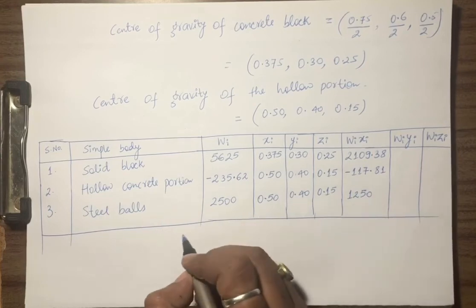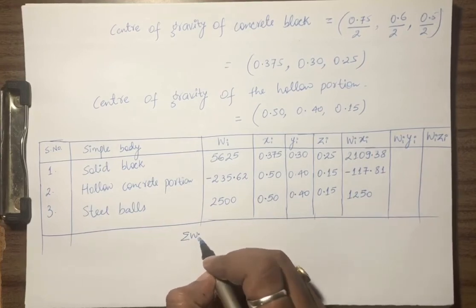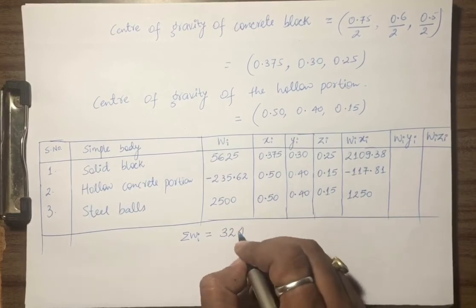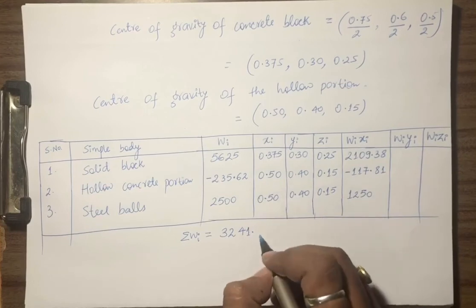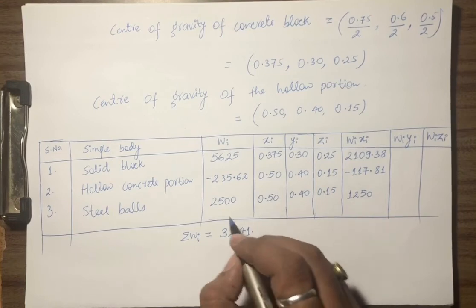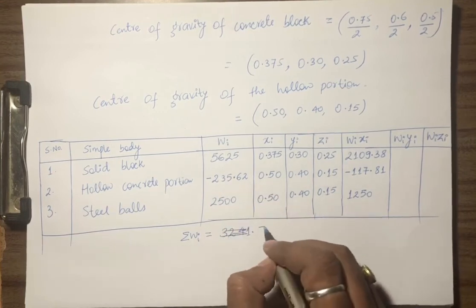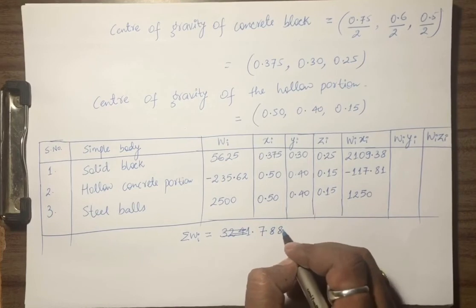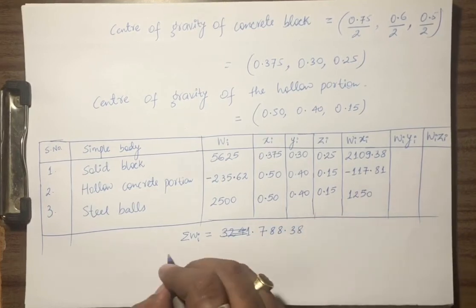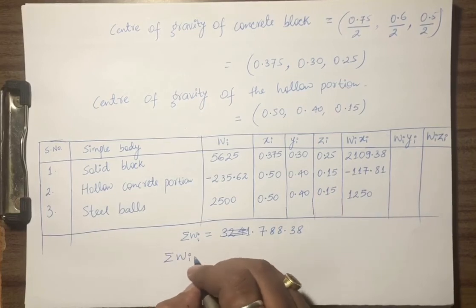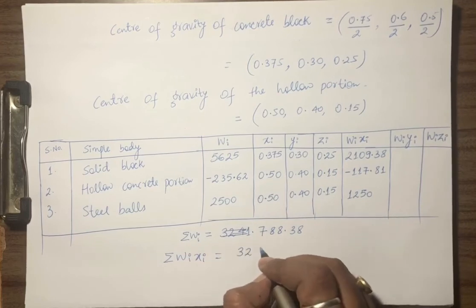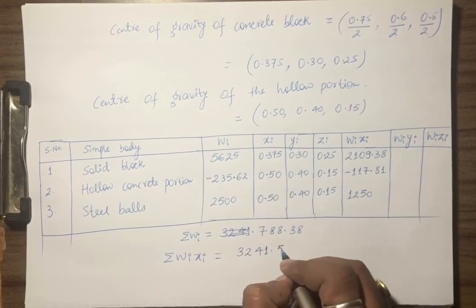One more value we want to know: what is summation Wi? Summation Wi is, sorry, this will be more, 7889.38. Summation Wi Xi is coming out to be 3241.57.